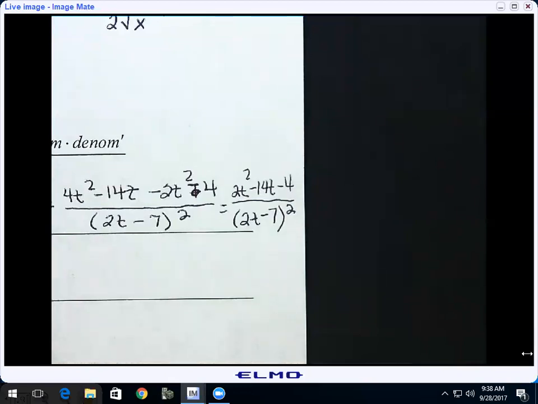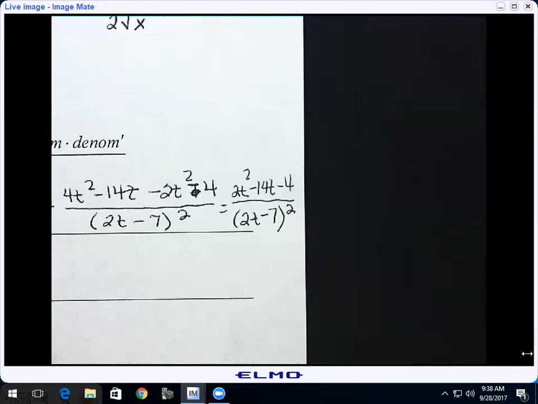Or factor it. If I had to find out what made this 0, or undefined, that's the two things we're usually going to be interested in. What makes the derivative 0 or undefined? I can already tell you what makes it undefined. What would make it undefined? 3.5, 7 over 2, whichever way you got it. How would I find what makes it 0?